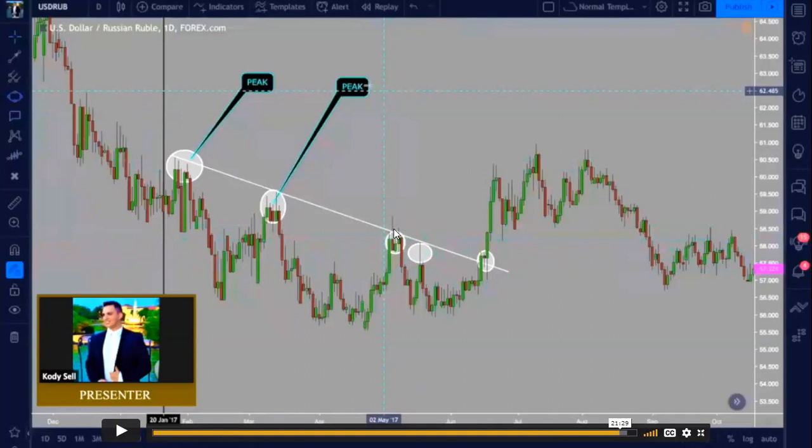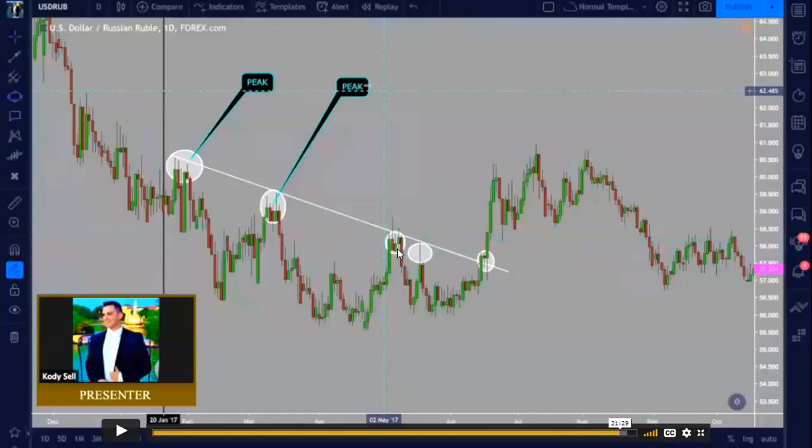So the reason I'm bringing this to your attention is because what the outermost boundary means is that whenever a wick comes through your trend line, you have to adjust it. Now, he drew it like this just to show you how you draw a trend line, because you had two touches here and you just drew it, right?